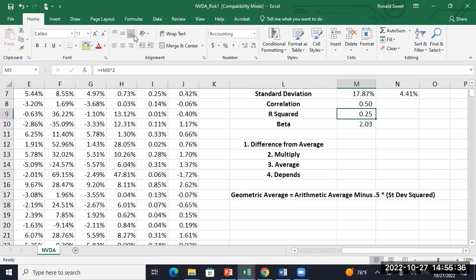25%. That's what the R squared is telling you. When you calculate the R squared of a stock versus the market, that tells you how much of the risk is standard deviation. So how much of NVIDIA's risk is unsystematic, related only to NVIDIA? 75%. So if you can eliminate unsystematic risk easily, and unsystematic risk is 75% of the risk, you can easily eliminate 75% of the risk.